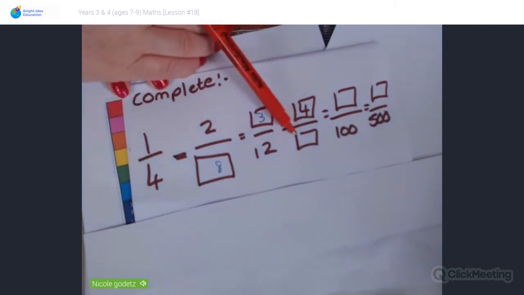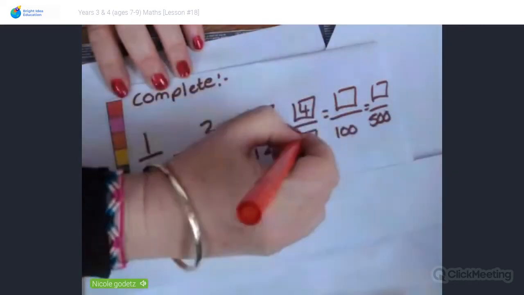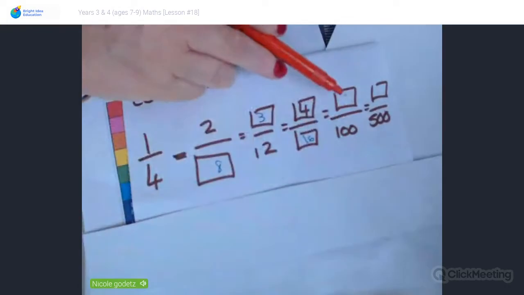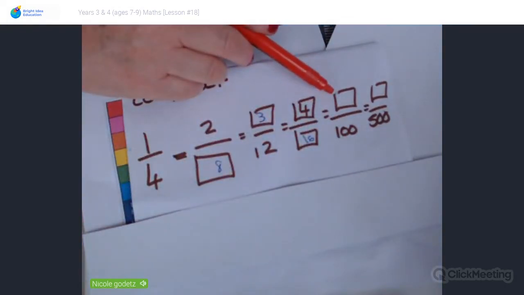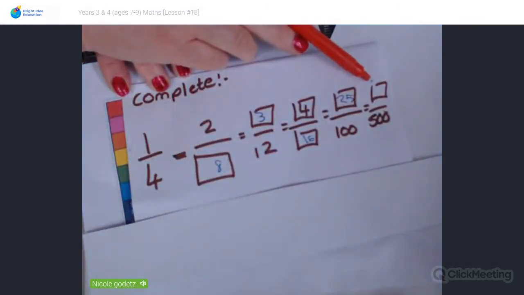Okay, what's the missing denominator, please? Missing denominator here. 16. Thank you. Missing numerator here. 25. And the last missing numerator.